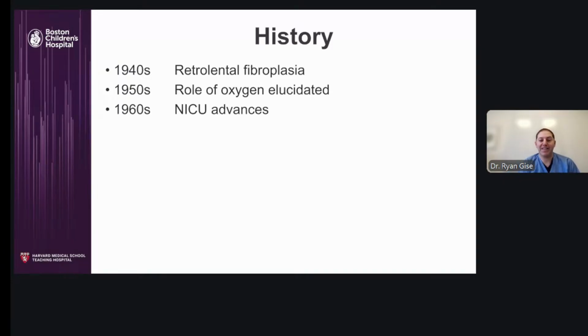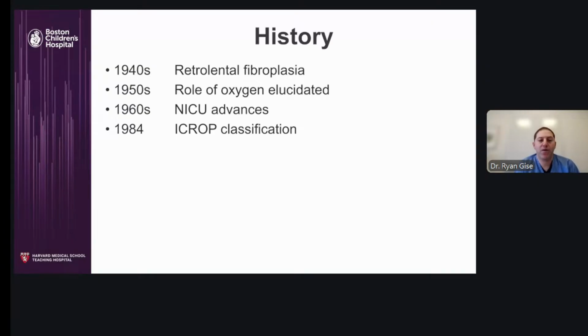And so in the 1960s, they realized that while they could cut down on the oxygen, they were having worse adverse systemic events. And obviously that's more important in brain development and other organs. So a balance needed to be struck. It was also very hard because there were really no treatment options at that time.